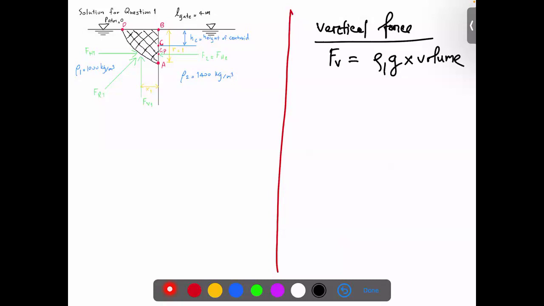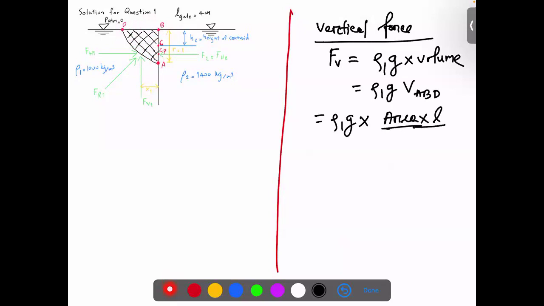So the volume is basically of this quarter cylinder ABD, that is written in the solution, so rho g and the volume of ABD. Now the volume means this three-dimensional thing, the quarter cylinder, or you can write it as rho g into the volume, which means area times length.